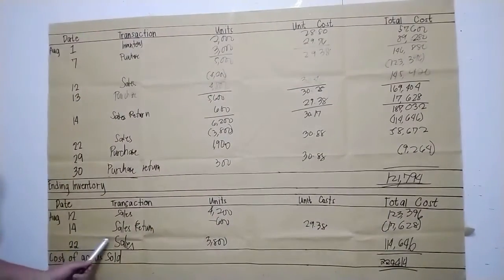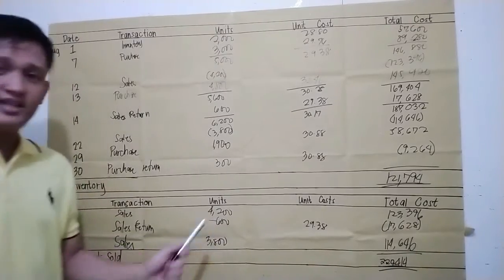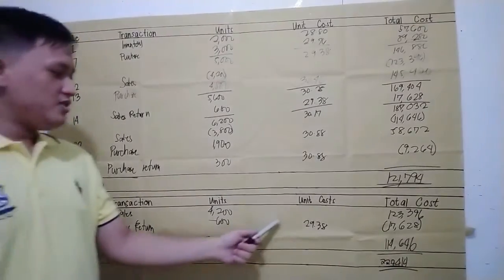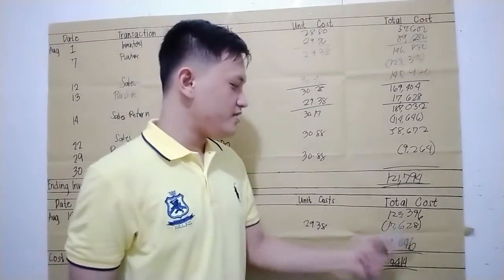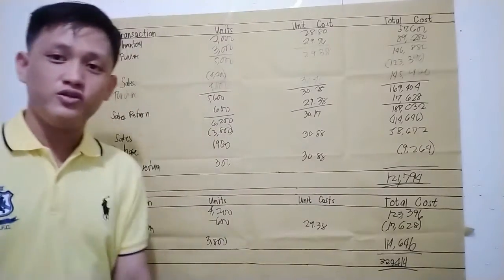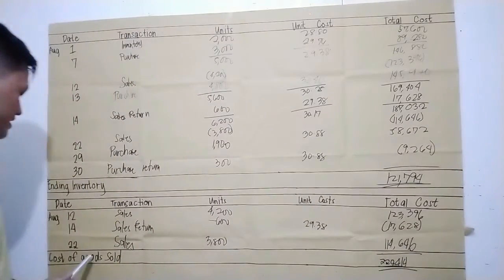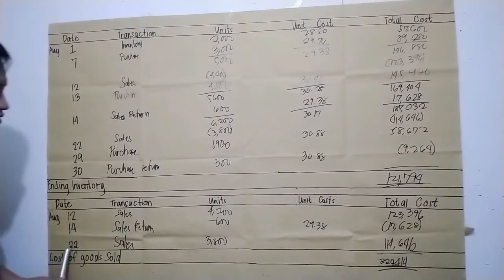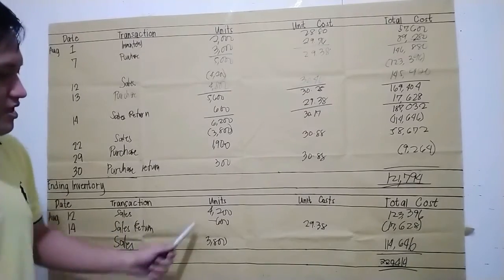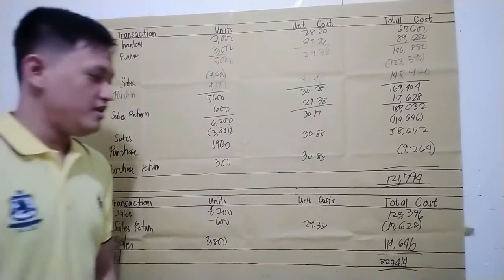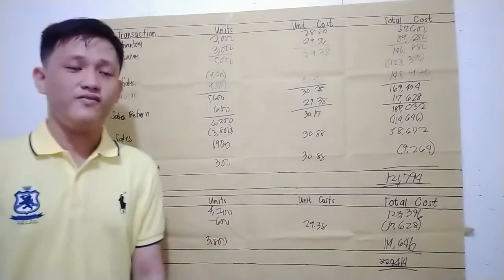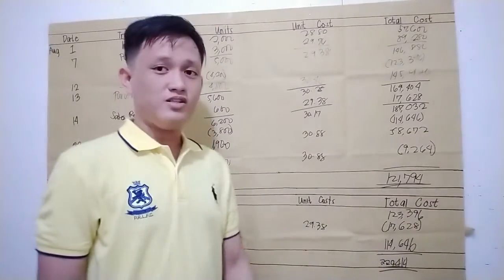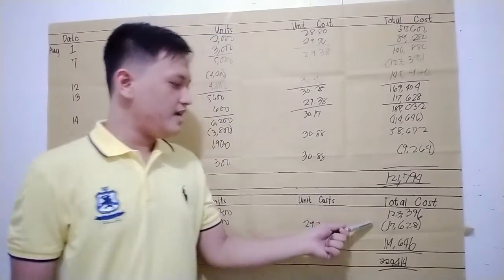By August 14, it has a sales return of negative 600 units. Its unit cost is 29.38 and its total cost is 17,628, which is to be deducted in getting the overall total cost. Next, by August 22, it has a transaction of sales. Its units is 3,800 and it has a total cost of 114,646. So to get the cost of goods sold, simply add, deduct, and add.